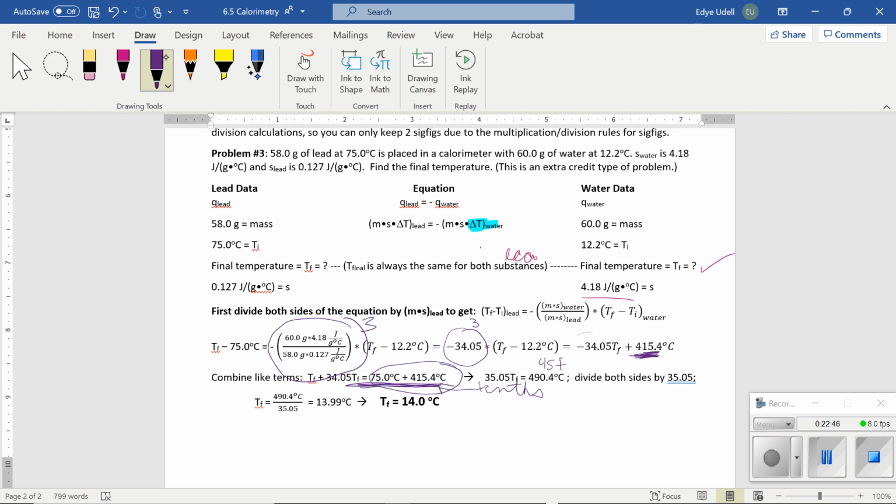So this one is going to actually end up at, it's really 415 degrees Celsius. Now I don't round until the end, but in terms of sig figs, this was 3 sig figs. So when I multiply that by my 12.2 degrees Celsius, I could only keep 3 sig figs in this number. So I have to remember, oh, this would have been only 3 sig figs.